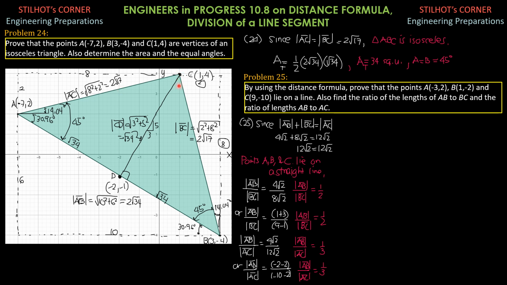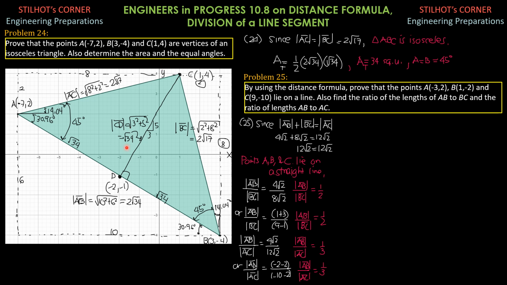Likewise, based on the figure, this should be the line segment that is supposedly equal to this side, and let's prove it. Square root of 2 squared plus 8 squared is also 2 square root of 17. So therefore, these are vertices of an isosceles triangle. So that's the proof. Then for the area, I already computed and mentioned that it is 34 square units.